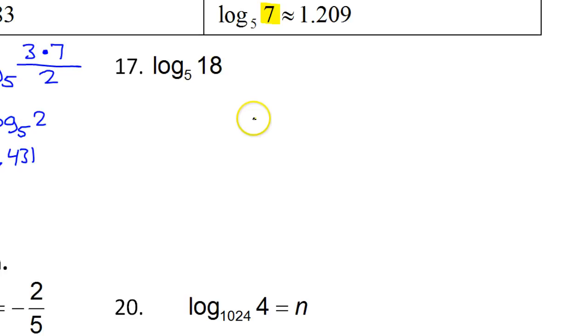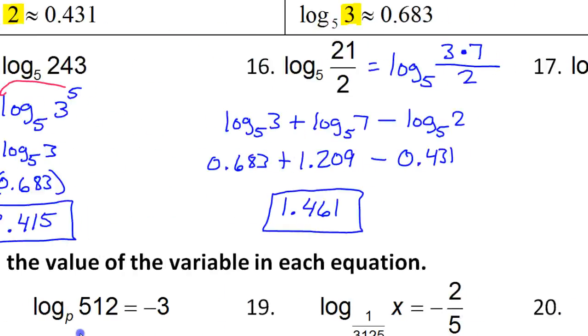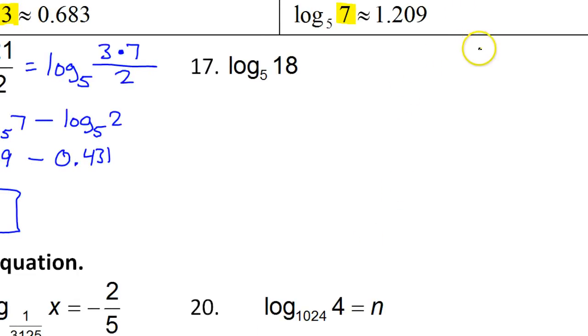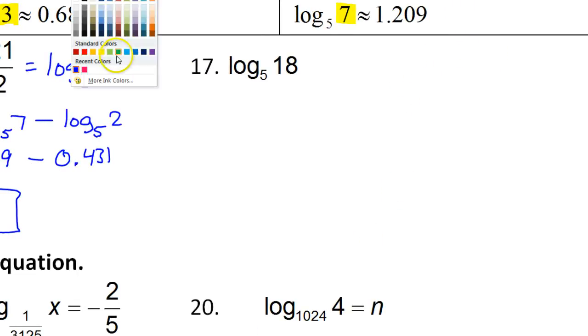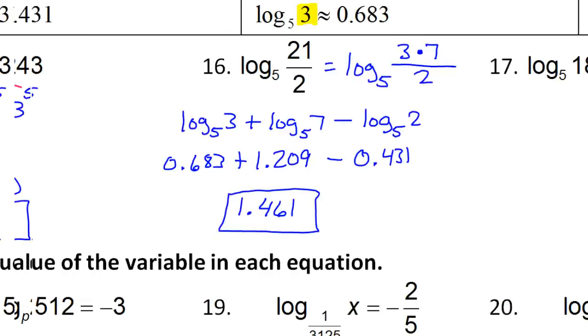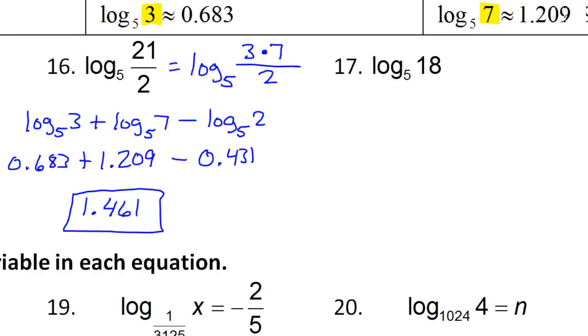Alright, number 17. Okay, 18. Now remember, we're looking for 2s and 3s and 7s. So over here off to the side in green, I'm going to do sort of a factor tree of 18, but I'm shooting for either 2s, 3s, or 7s.